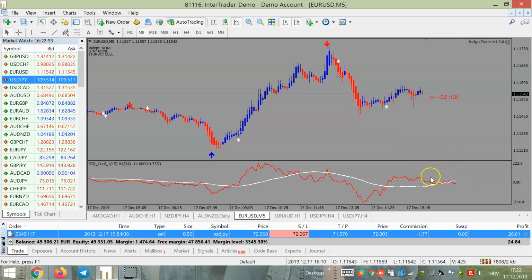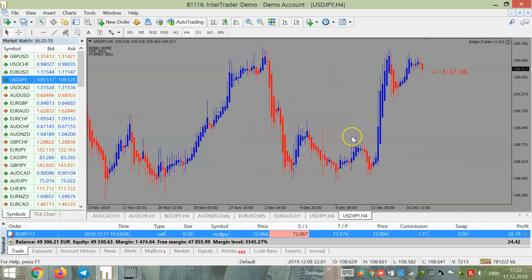So when you buy it, you will get such a template, and when you load your Indigo Trader, you must see this smiley here, and this is what you see.